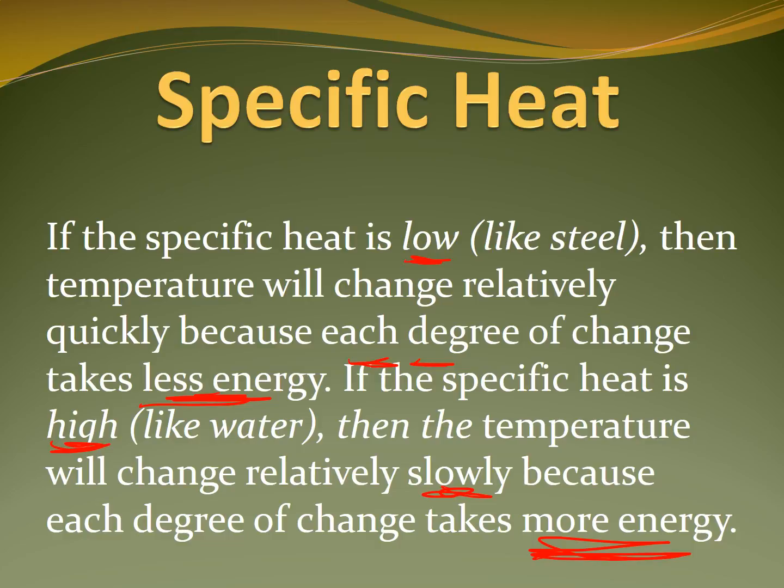Or let's say, for example, in Texas it's 100-degree weather. You don't want the ocean to all of a sudden take all that heat and become 100 degrees Celsius. That would mean the ocean would be boiling. So we're thankful that water has a high specific heat, because that means that it changes slowly and it takes more energy.